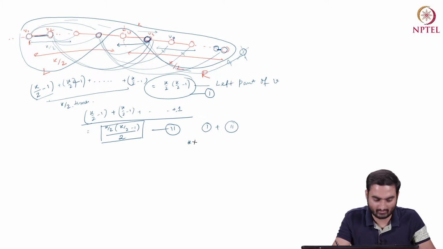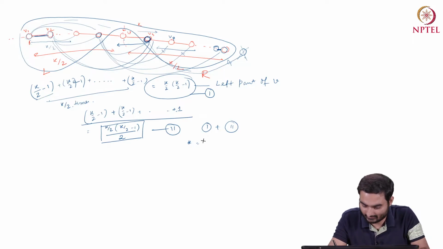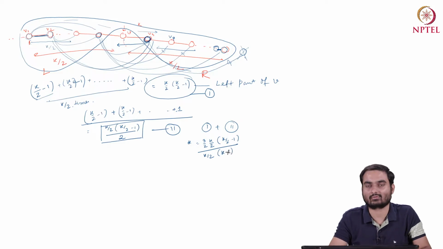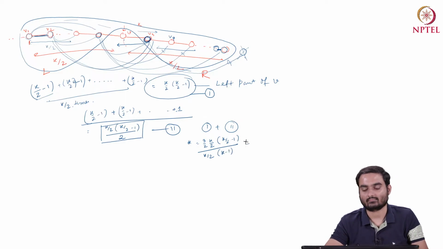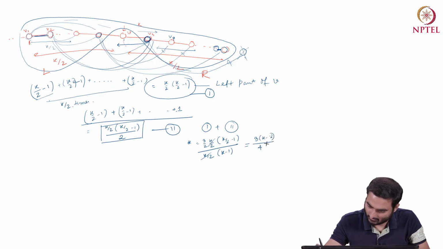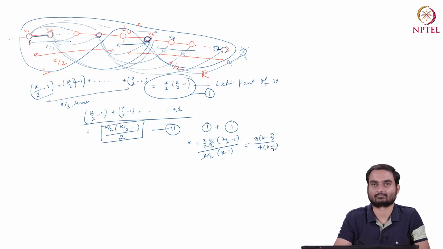So if we take the sum, this is going to be 3 by 2 k by 2 minus 1 by k by 2 k minus 1. You do the calculation, you will get this number. This and this will cancel out, so we will basically have 3k minus 2 by 4k minus 1.